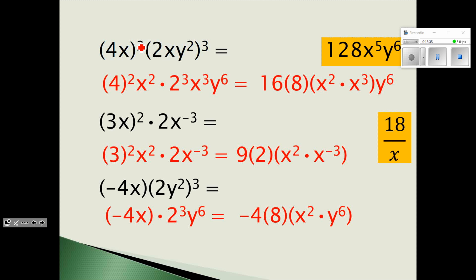And the x's and the y's don't have anything that they share, so it's just negative 32. I'm trying to figure out why I have an x squared right there. I think that's a typographical error, and it is. Y to the sixth power.